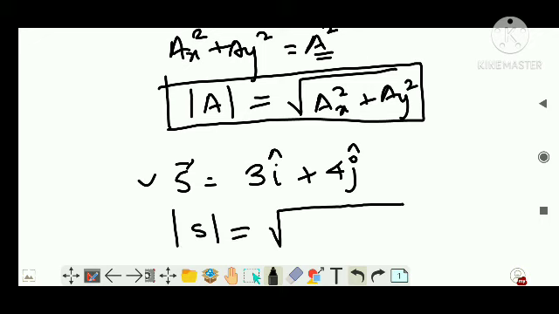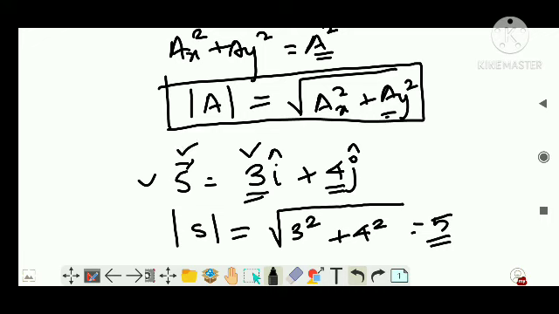Root of ax squared, this is the x component, so 3 squared, plus ay squared, that is 4 squared, so it will be root 25. You will get 5 as the magnitude of vector S. Clear? Simple. You just have to square the coefficients of i and j, and if there is k, then that also, and then you have to find the root.